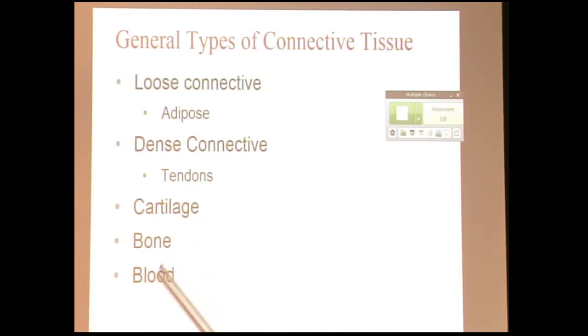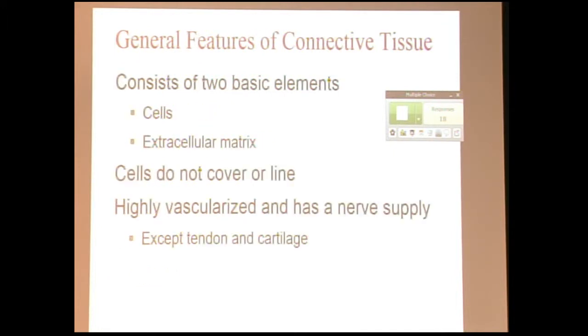And bone and blood are actually considered connective tissues, which is really weird, especially because blood is not connective, but it comes from the same original stem cells. So we've only got 4 kinds of tissues, so they had to put blood somewhere, basically. But we're going to talk about bone and blood in their own chapter, so I don't really need to worry about those at the moment. We'll stick with the connective tissues that sort of fit their name.